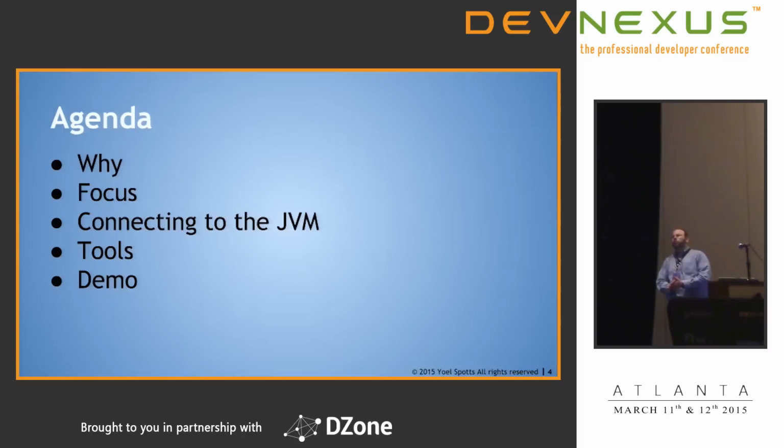So, going through the agenda, pretty simple agenda. I wanted to first talk about why it is that we want to take a look at these JDK tools. What are we hoping to get? What information are we hoping to get from them? I want to narrow the scope of our discussion, because we could spend a tremendous amount of time if we were to look at all the JDK tools. So I want to narrow the scope and discuss what exactly we're going to be looking at. An important topic, which at first glance you may think is not related to some of these tools, but in reality plays a very important part, is connecting to the JVM.